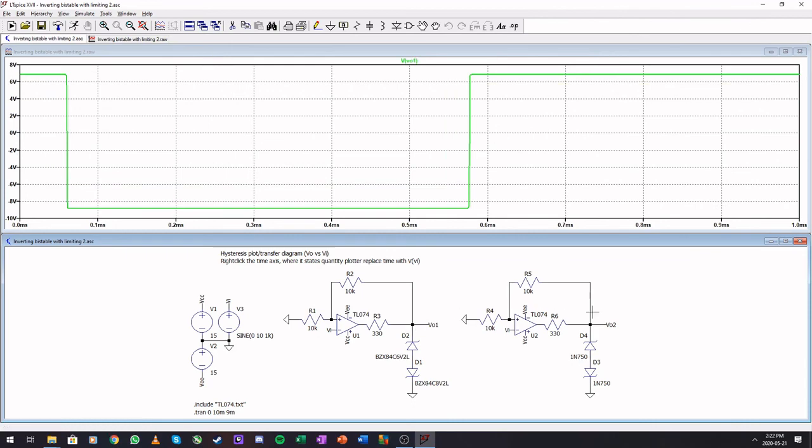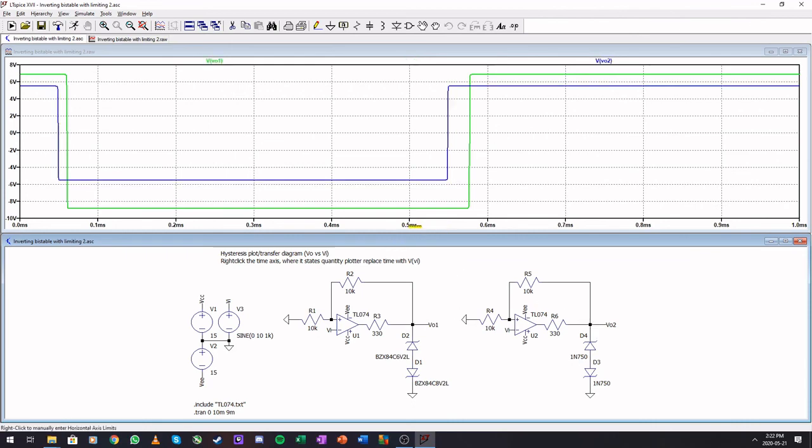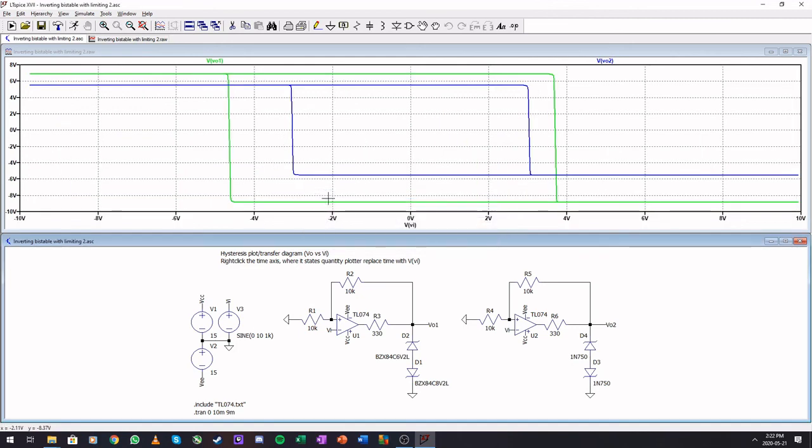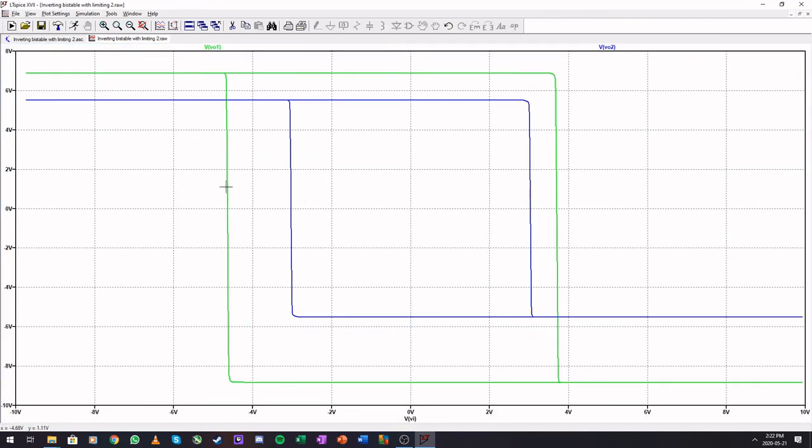Now let's have a look at our hysteresis for the triggering points. There we go. So half times 7 is 3.5, and half times 9 is 4.5, sorry. So this is the one here, and half times 7 is 3.5.